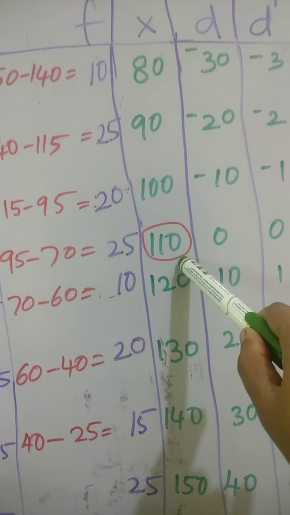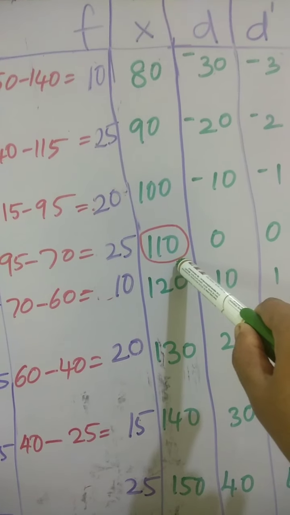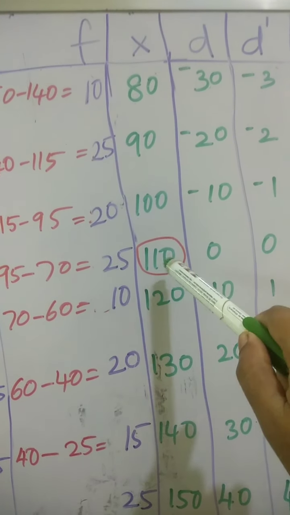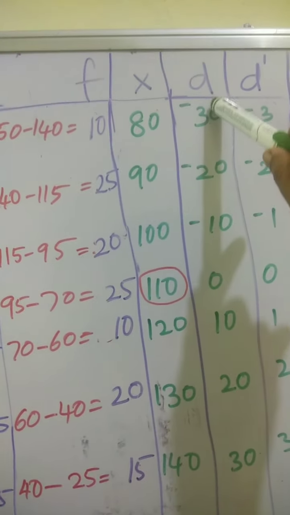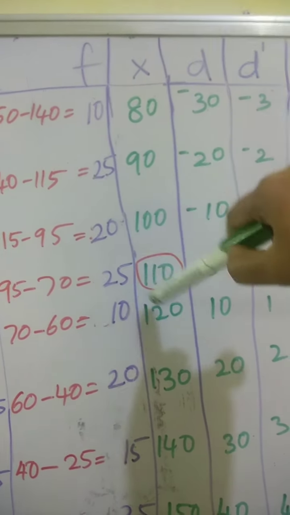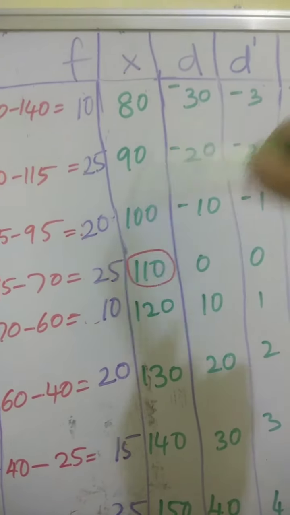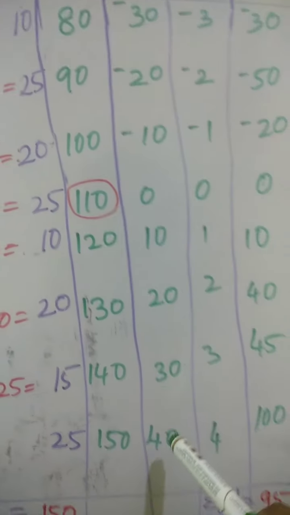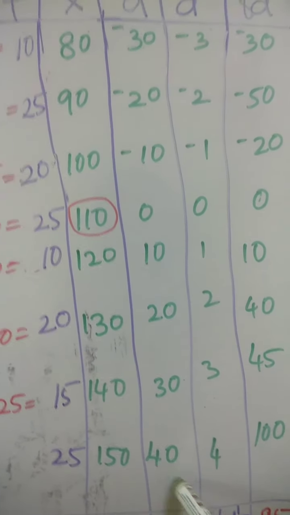Here I have taken 110 as the assumed mean. Now, from the assumed mean, we have to find out d, that is x minus a. 80 minus 110, likewise. So I calculated here minus 30, minus 20, minus 10. Likewise, this is the d column.